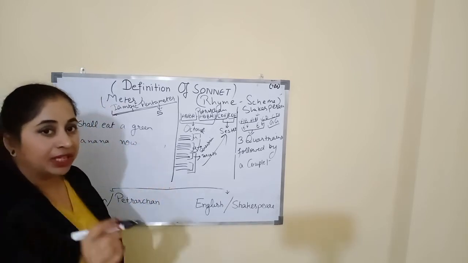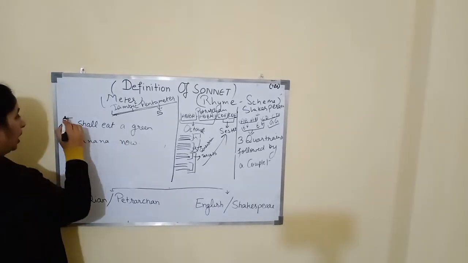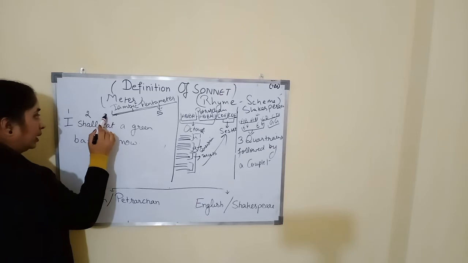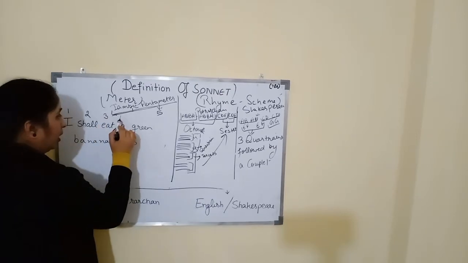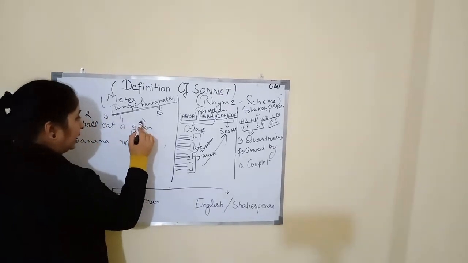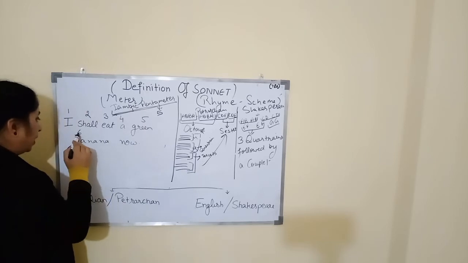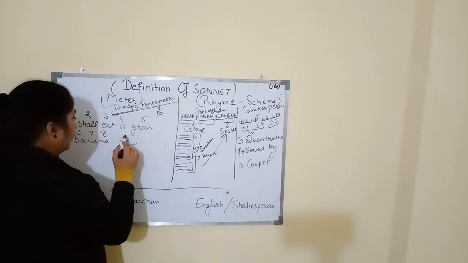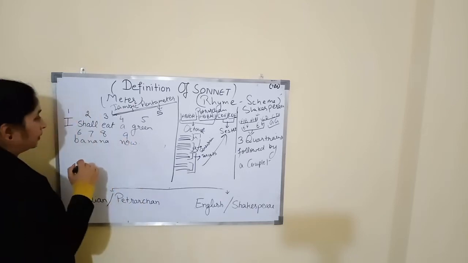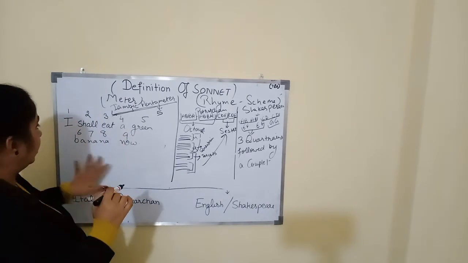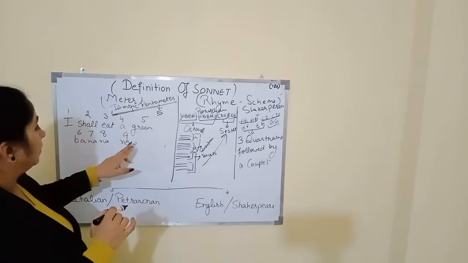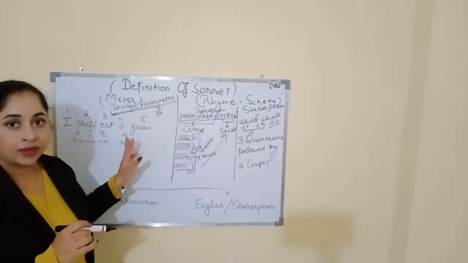Let's count the beats. I shall eat a green banana now. How many beats or syllables are there? 9, right?